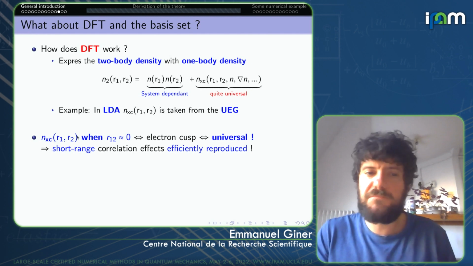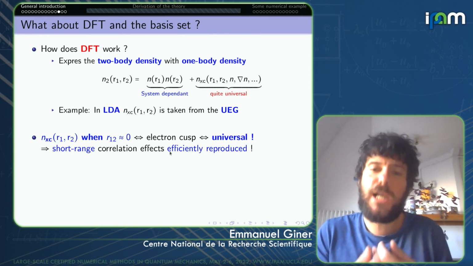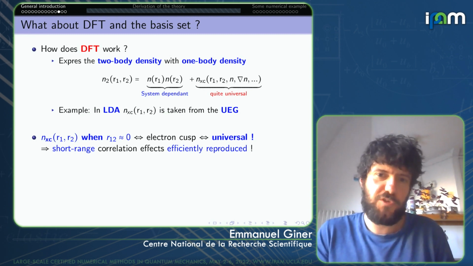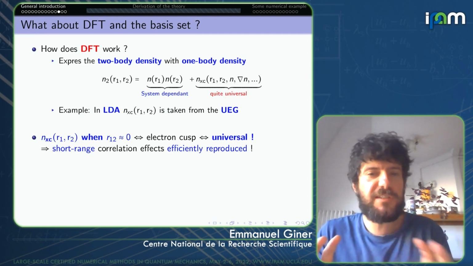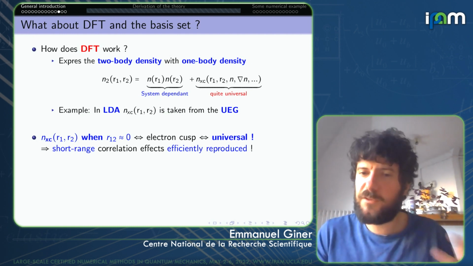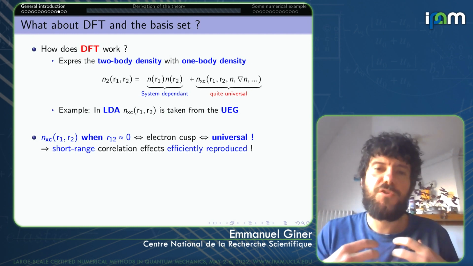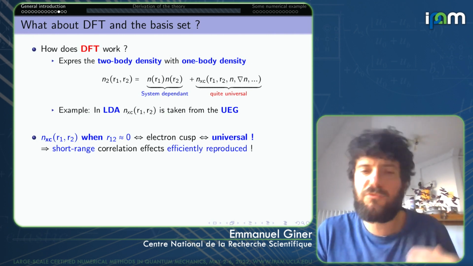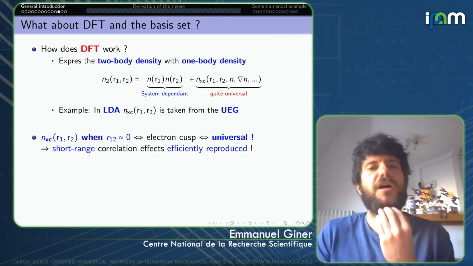Therefore, it's okay to import short-range correlation effects from the UEG, because they are essentially the same if you look close enough, in the small r12 regime. So you just need to import something that is pre-calculated on a model system like the UEG, and therefore you have a kind of free ride, so to say, with respect to the short-range correlation problem.